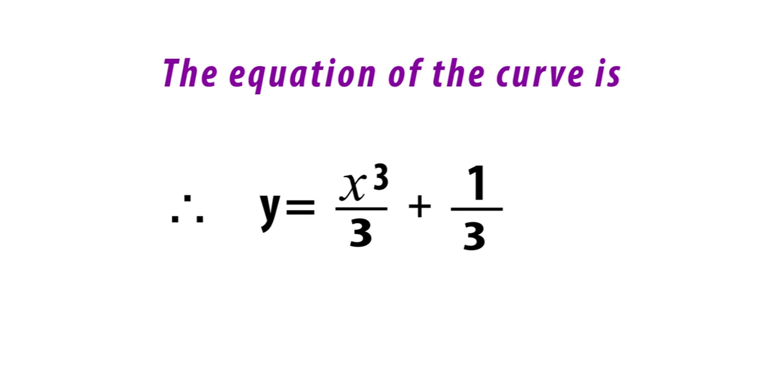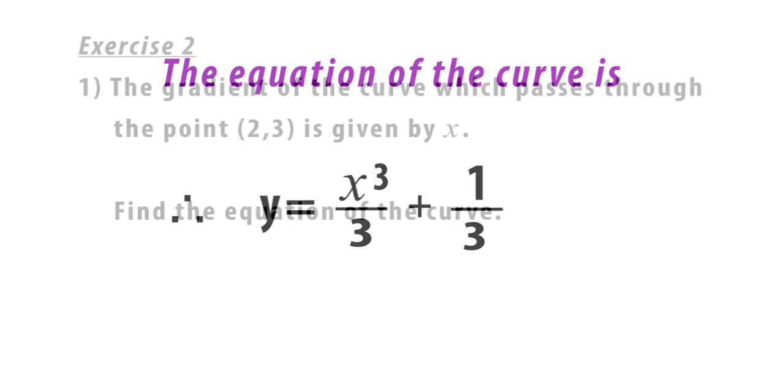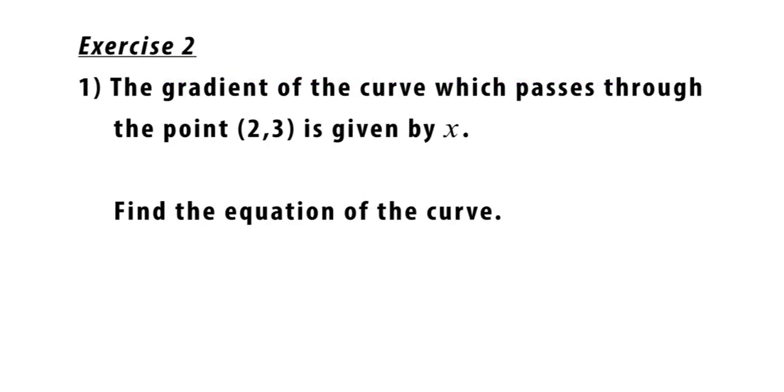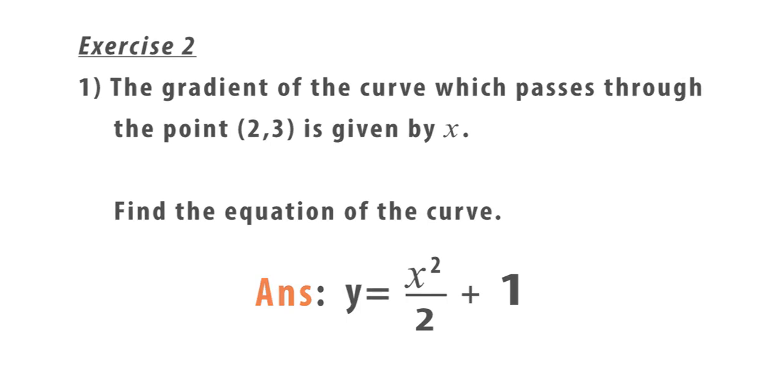Let's take an exercise for this. 1. The gradient of the curve which passes through the point (2, 3) is given by x. Find the equation of the curve. If you do that correctly, you will have y is equal to x squared divided by 2 plus 1 as the answer. 2.